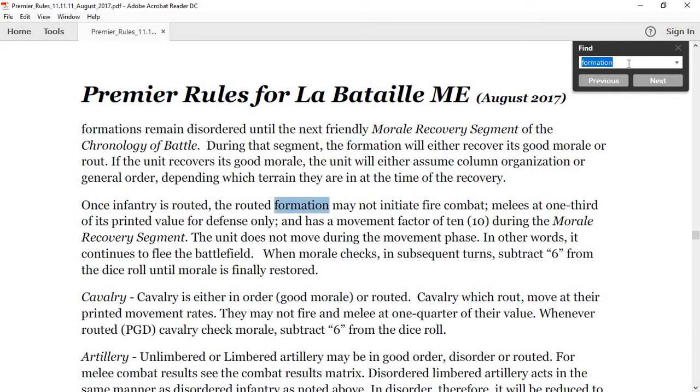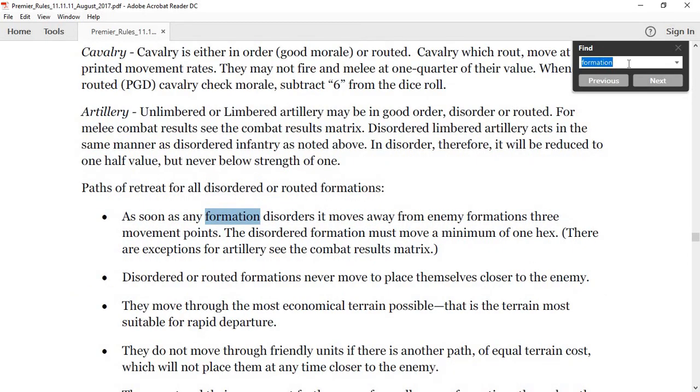Once infantry is routed, the routed formation may not initiate fire combat, which makes sense, but it can still melee in the defense at a significant penalty, and a movement is set. Paths of retreat.